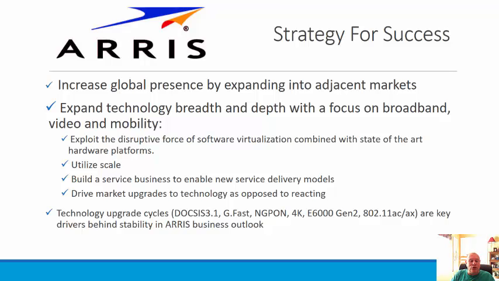They're going to drive market upgrades to technology as opposed to reacting. There are a couple of specific things they're doing in cycles. I don't understand it, but I don't need to, other than I know that they are working on upgrading technology, and that's key to keep things moving. So that's the first slide.